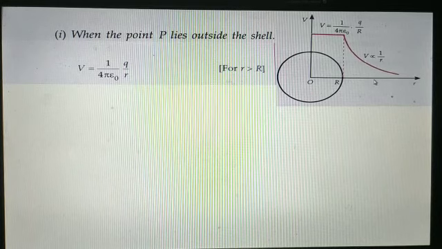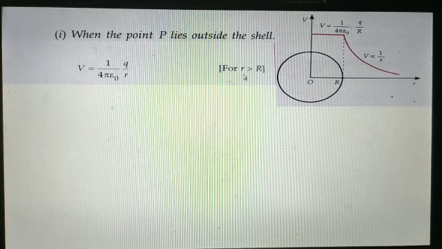So if you consider a point at a distance small r outside the shell, the value of potential will be given by the same formula, 1 by 4 pi epsilon naught Q by r, where Q is the total charge distributed on the surface of the sphere, which is considered to be at the center.